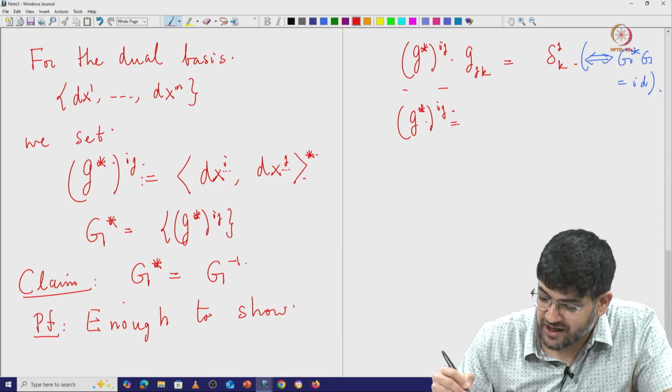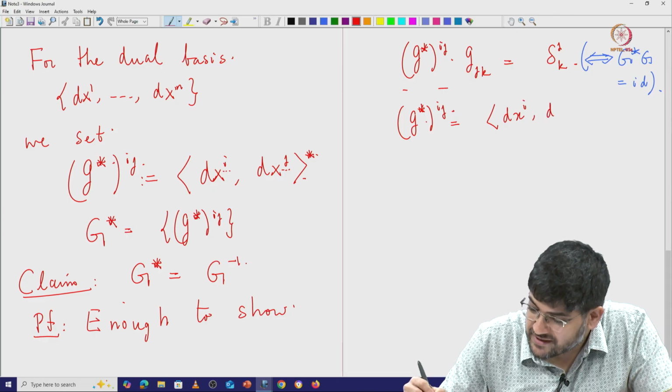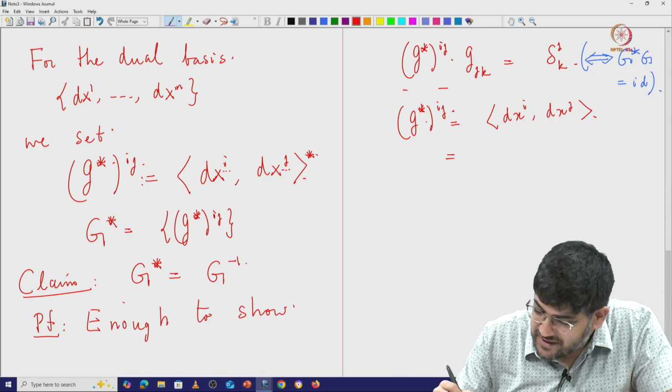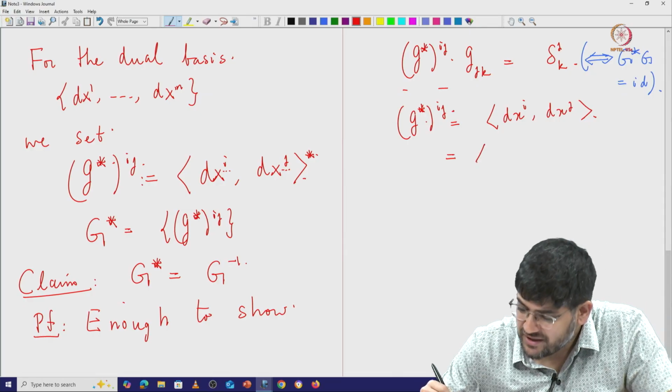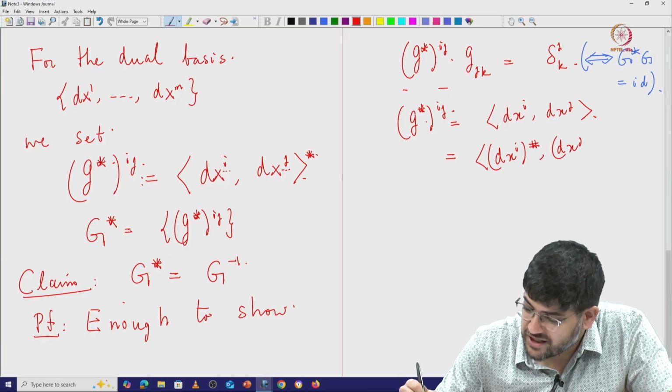So what is G star of ij? That's just the inner product of dxi with dxj. So that's by definition the same as the inner product applied to dxi sharp and dxj sharp.